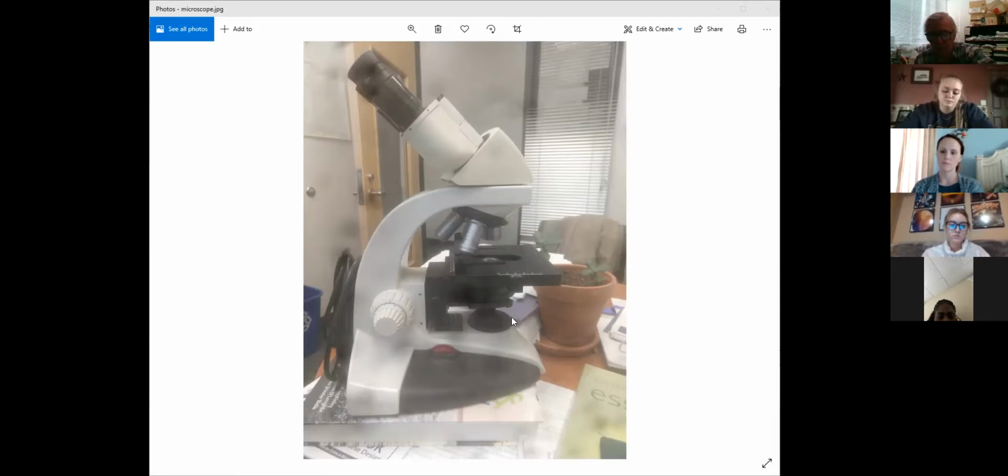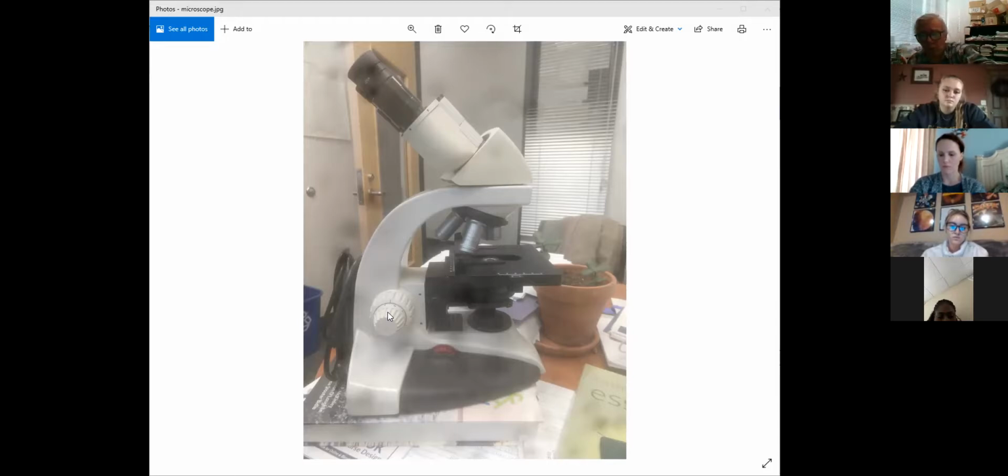And then you touch the fine focusing knob, not the coarse focusing knob. There's something I would really emphasize in class. You never touch the coarse focusing knob when you're using high power, because the higher the power of the objective lens, the longer it is. So the smaller the working distance.